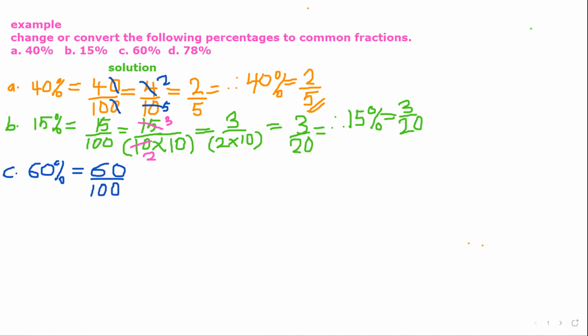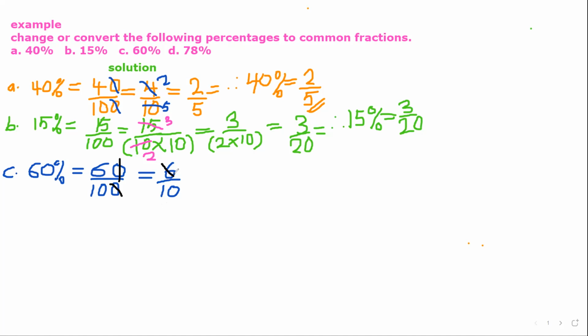Therefore, let's cancel the last digit here. The 0 here will take care of the 0 here. Now, the number left here is 6 out of 10. And for the 6 out of 10, you find a common number to cancel 6 and 10. Because they are both even numbers, you can start with what? You can start with a 2.